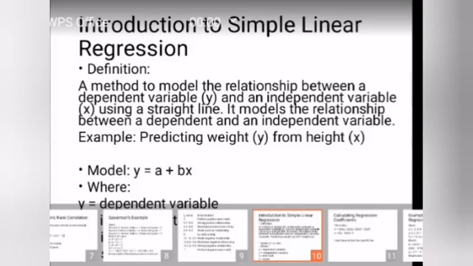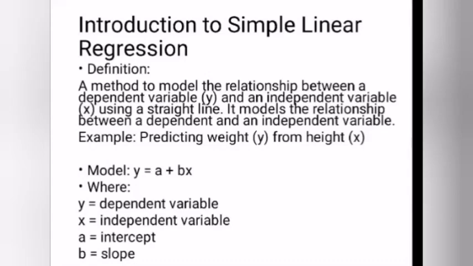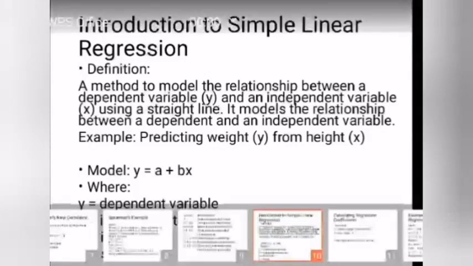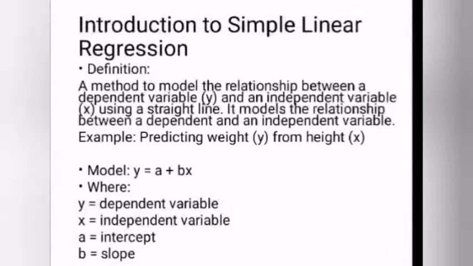For example, you're predicting weight from height. So you're trying to look at somebody and predict this person's weight by looking at the person's height. Or you're trying to predict a person's height by looking at the person's age. So you're trying to find a relationship using a straight line.